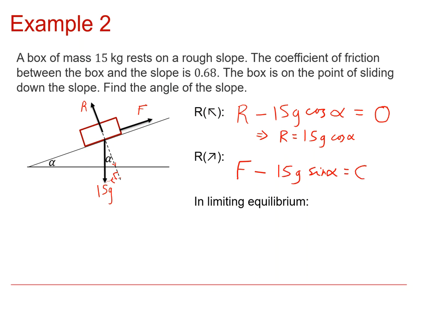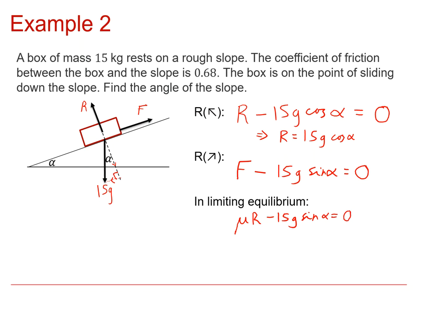That will equal 0. And because we're in limiting equilibrium, that F will have its maximum value, F max, which is mu R. So I can say that mu R minus 15g sine alpha equals 0.